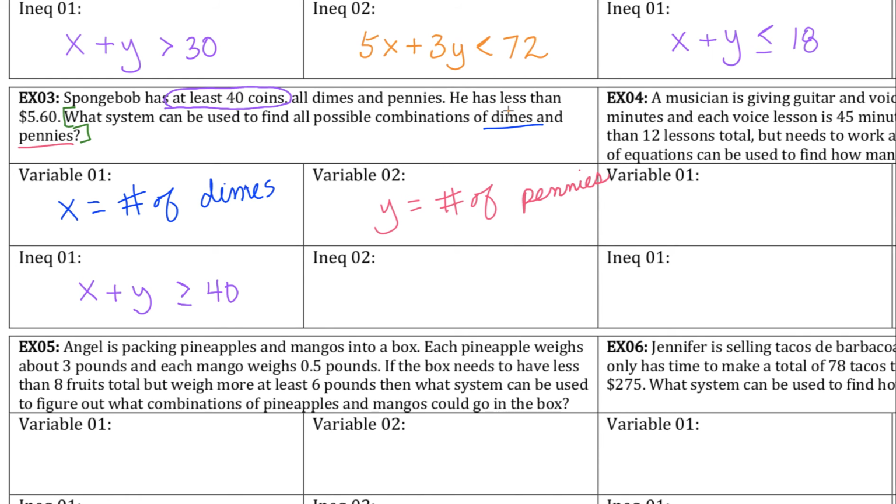And then it says he has less than $5.60.